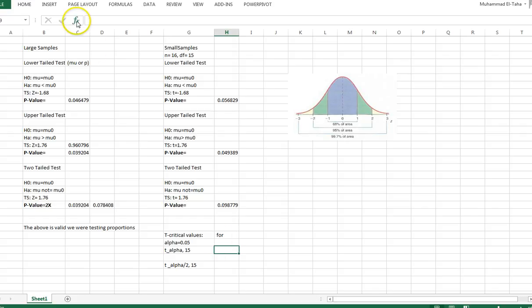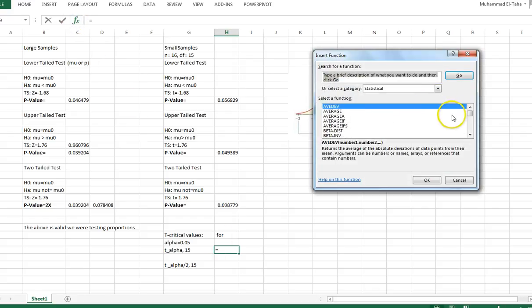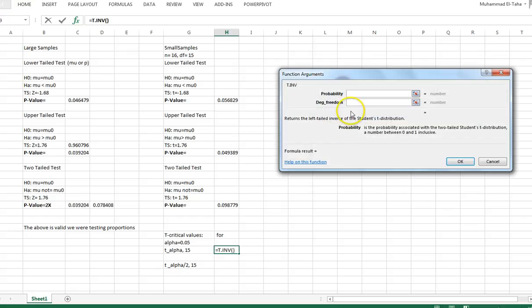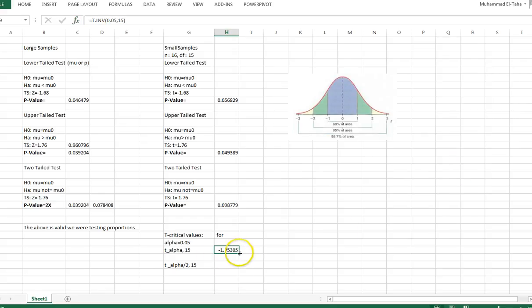So in this case, I go to the fx and find the corresponding function for this, which is going to be T.INV. Okay, so this is going to be my t inverse. Click OK, and here the probability, so that's alpha 0.05, and the degrees of freedom is 15, and you can see here I got a negative value. That negative value would be my critical value for a left-tailed test.